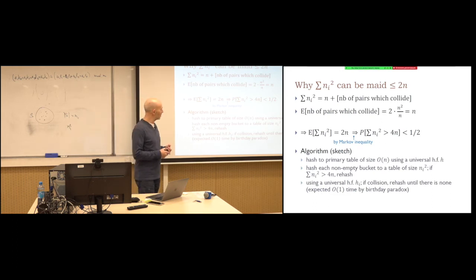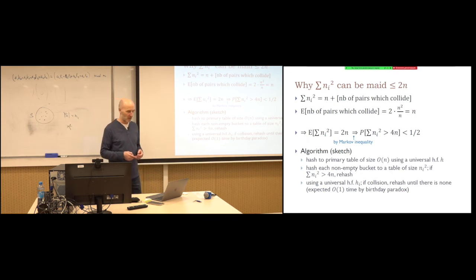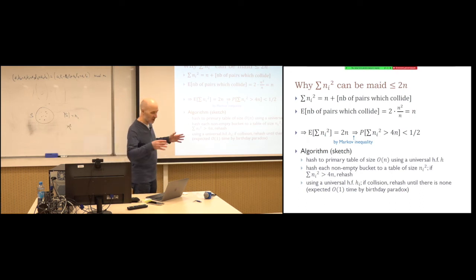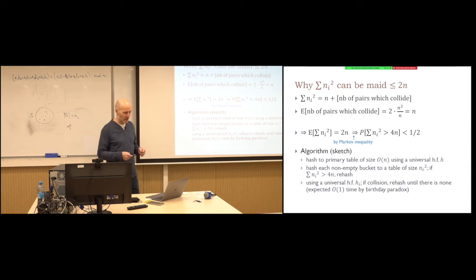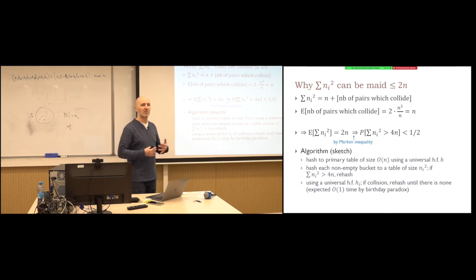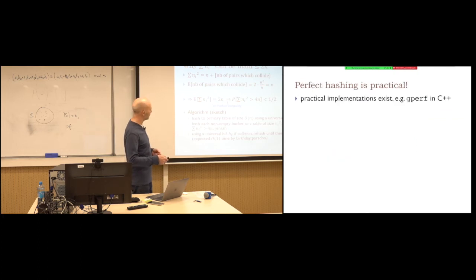And the second price is that the construction time was expected, right? We construct a linear space hash table, but the construction time with very small probability can be long, because we can make many trials, many iterations before we reach the desired structure.